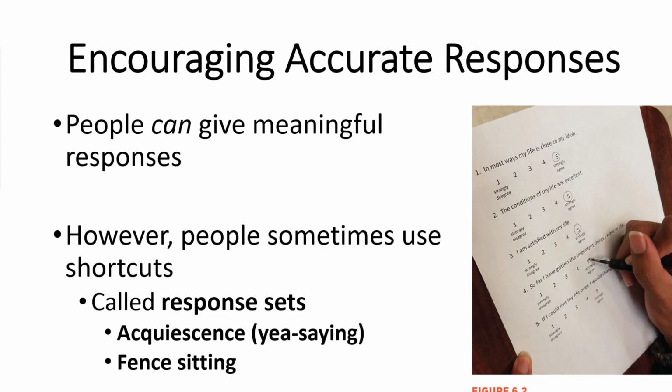If you're doing a verbal survey, you can actually have another option off to the side where if the person says, I don't know, or no opinion, there's an option removed from the options in the center.